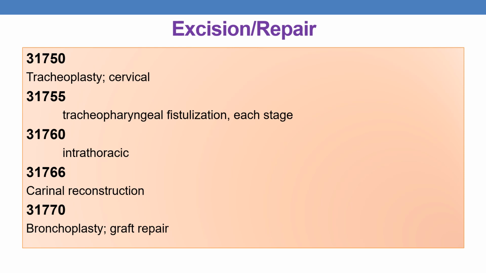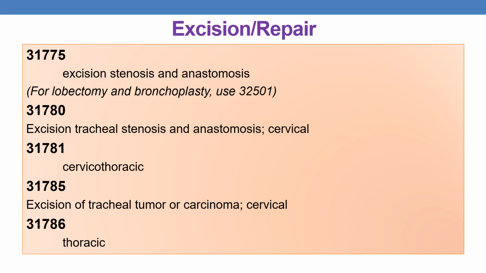The next is 31766. It deals with carinal reconstruction. The next is 31770. It deals with bronchoplasty graft repair. The next is 31775. It deals with bronchoplasty, excision of stenosis and anastomosis. And for lobectomy and bronchoplasty, use 32501.